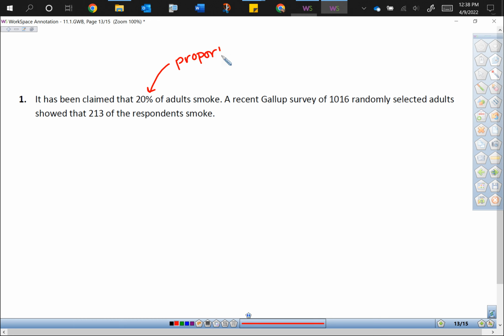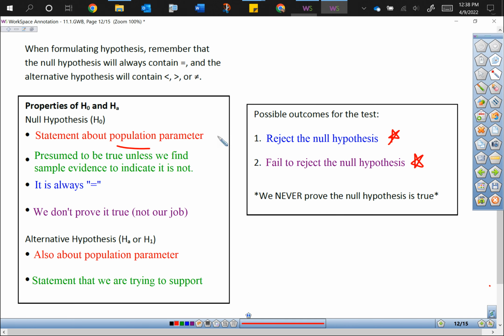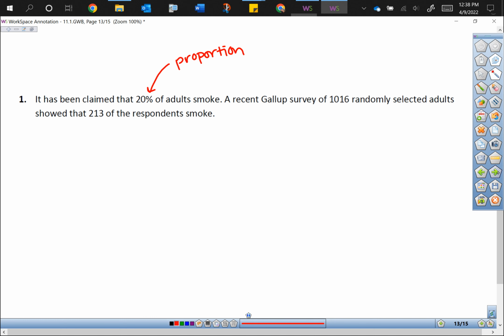That means that my population parameter, just like we said back here, the statement is always about a population parameter. This population parameter that number 1 is going to be talking about is the population proportion. Now, we want to write our null hypothesis and our alternative hypothesis.